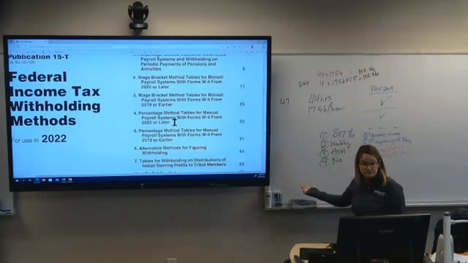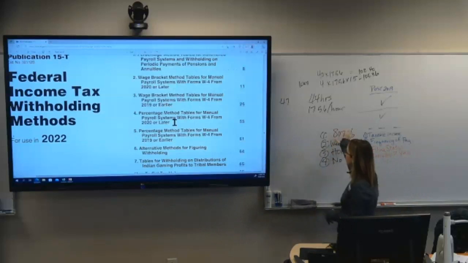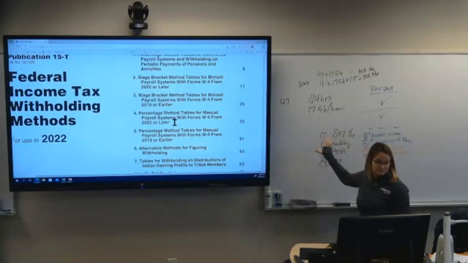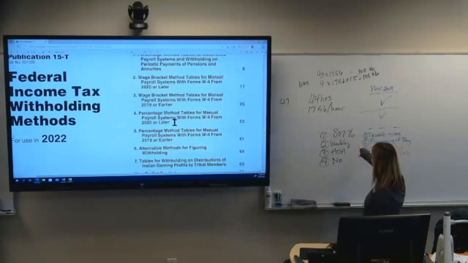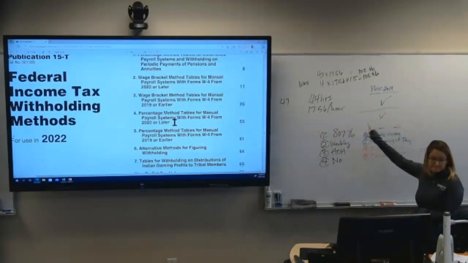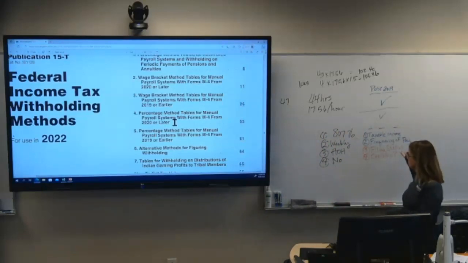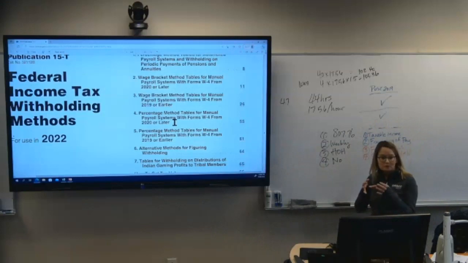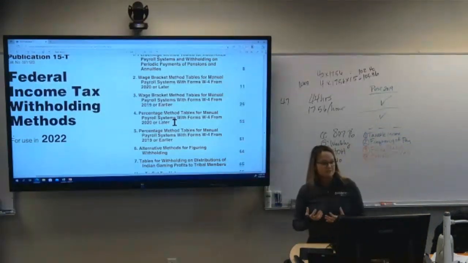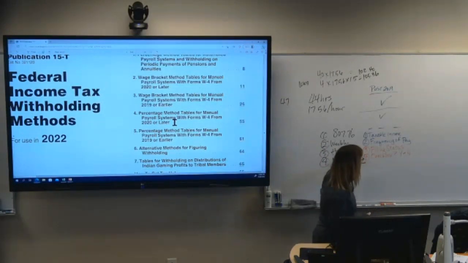So as before, we just used the table. We referenced the table. Now, when we're using the percentage method, we have to do some calculations with that. We still need all this information in order to get the right calculation, because the calculation we use is going to be based on this information.